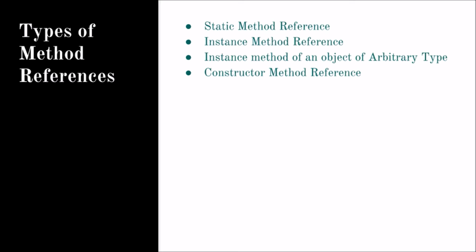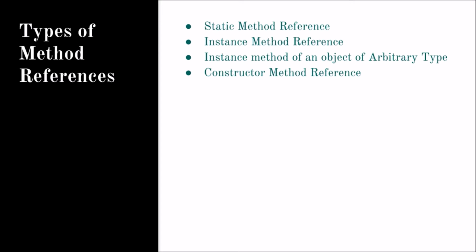But for your reference, just to touch on it, static method reference means whenever you call a method on a static class, that is a static method reference. When you invoke a method on an instance of a class, that is an instance method reference. When you invoke a method reference on an instance of a type of class, which is of the target type, that is called instance method of an object of arbitrary type.